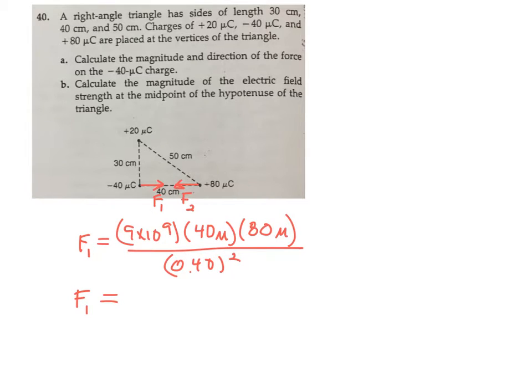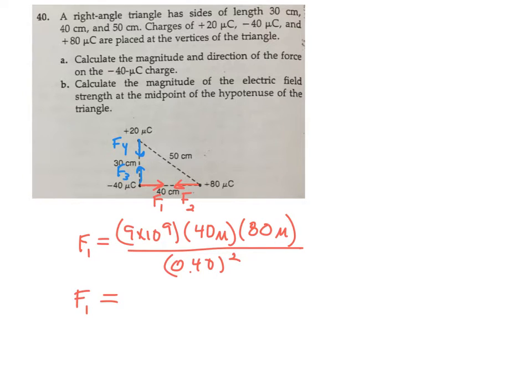On the left-hand side over here, I'll use blue. So the plus 20 at the top and the negative 40 also attract each other. I can show that with vector arrows. They both attract each other. I can call that F sub 3 and F sub 4, and they're equal to each other. I really only care about F sub 3.